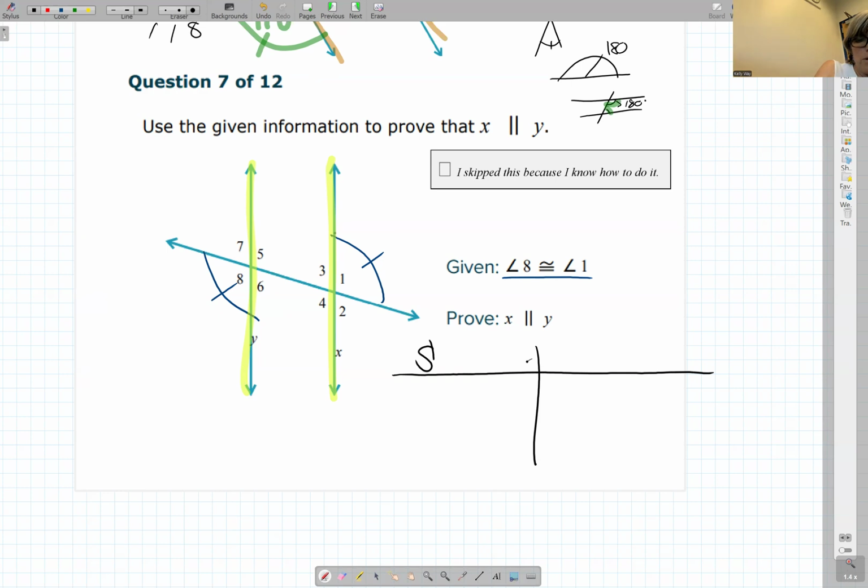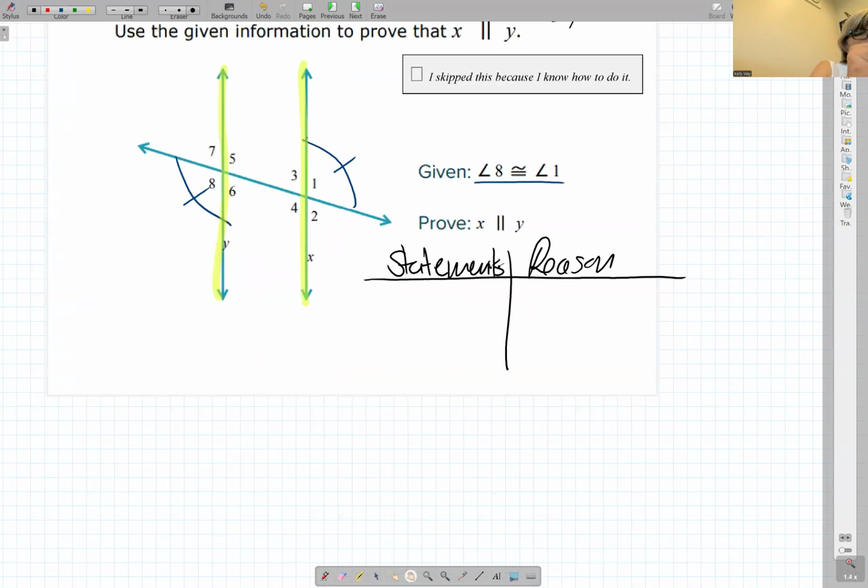Okay, you would have statements and reasons. Okay, we start with this. Step number 1, you would write the given. Angle 8 is congruent to angle 1. And the reason why? It is given. And we're told they're congruent, which means, therefore, these lines are automatically parallel.